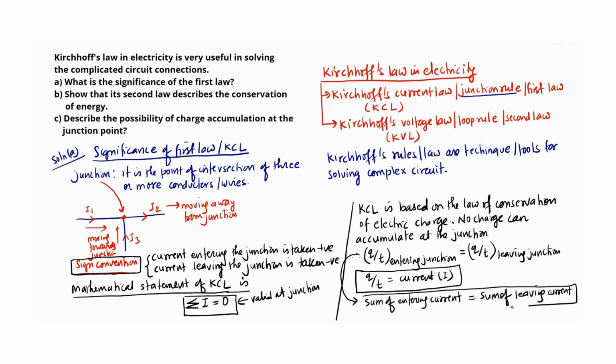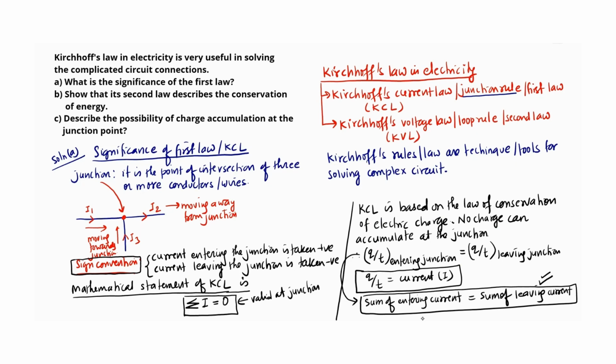So we can state Kirchhoff's first law, okay, as the sum of entering current equals the sum of leaving current, okay. So current entering the junction is always equal to current leaving the junction.